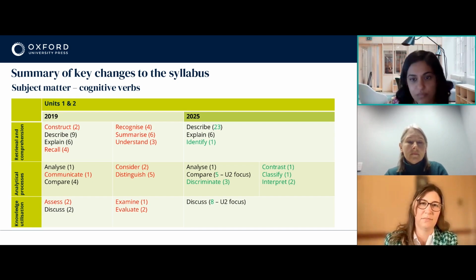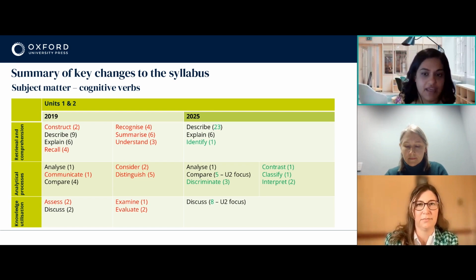I guess when we're looking at the new syllabus, we're going to have a look at how the cognitive verb has changed, and that will indicate the depth of knowledge that the students will need. So you can see the increase of different types of cognitive verbs on the screen there.